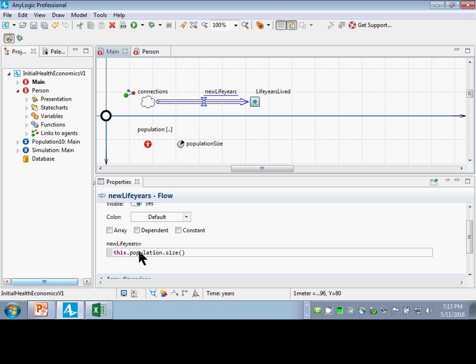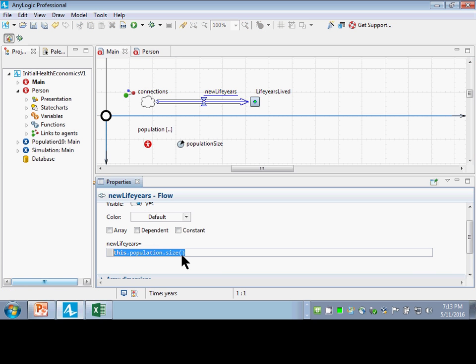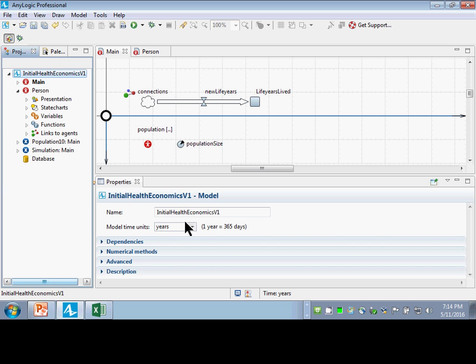So stocks are determined by flows, and flows are determined by the current state of stocks. This flow is determined by the model time that you've set. This is integrating up this, and how frequently it's actually adding that in, how finely it's doing the numerical integration, is going to be dictated over here by the numerical methods, and in fact the methods that it uses and the time step that it uses.